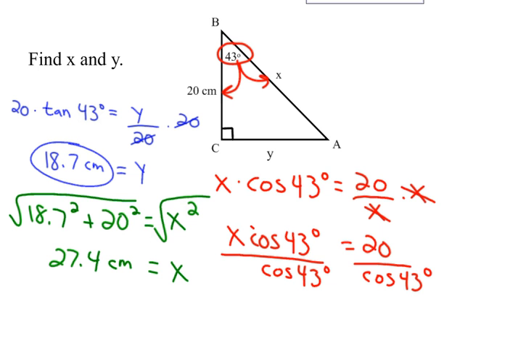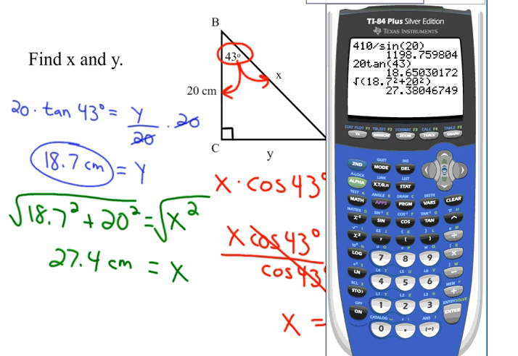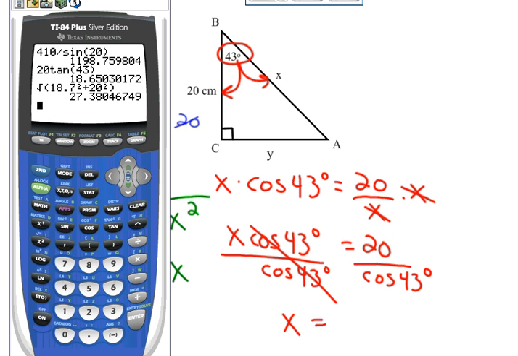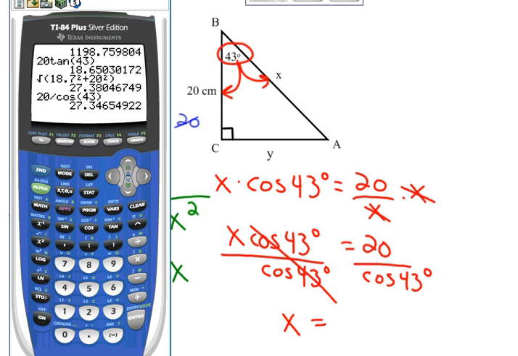The cosine of 43 degrees cancels out on the left, leaving us with x all by itself. And now we can plug 20 divided by cosine 43 into the calculator, and we get 27.3, in this case, centimeters.